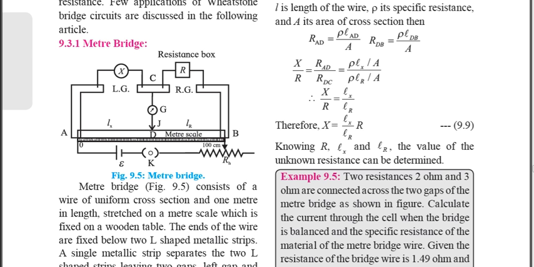So the next topic of the syllabus is the metre bridge, which is one of the applications of the Wheatstone bridge. Okay, so here the circuit of the metre bridge is given. A metre bridge consists of a wire of uniform cross section and 1 metre in length. So the wire is stretched on a metre scale which is fixed on a wooden table.